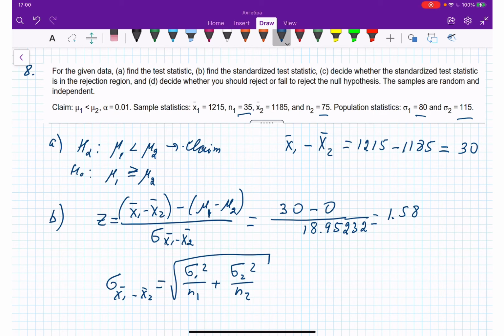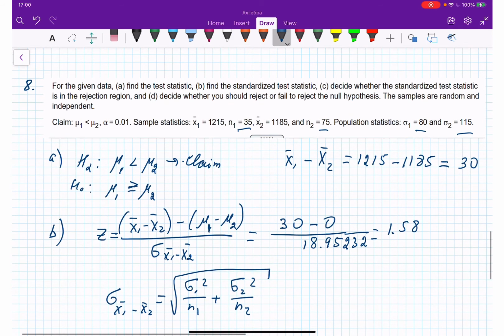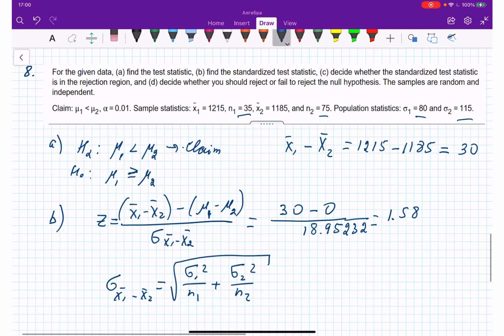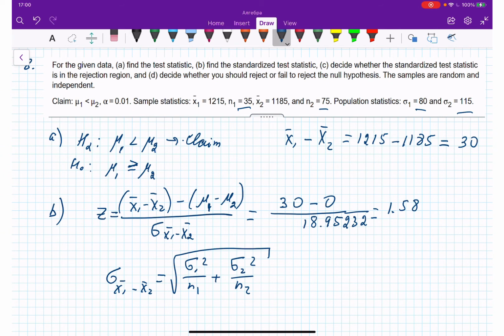Now, in this case we have alpha, so we can do either the p-value or a rejection area, comparing to either the p-value or the critical value. I'm going to go with the critical value this time.